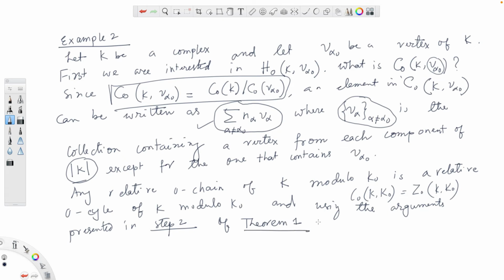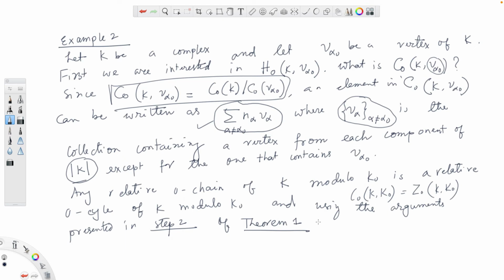I think it's not the reduced homology thing. It's the zeroth homology group, where we computed the zeroth homology group of a given simplicial complex, and we showed that it's a free abelian group, right?